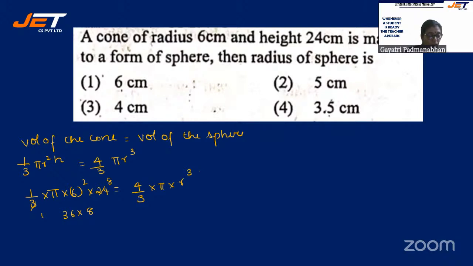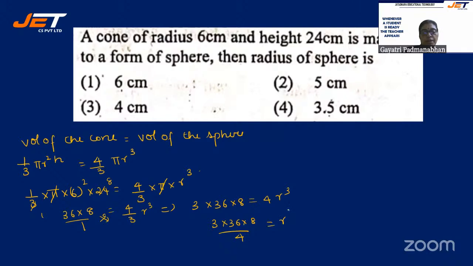Pi will get cancelled. So 6 sixes are 36 into 8 is equal to 4 by 3 r cube. Cross multiply, you will get 3 into 36 into 8 is equal to 4 r cube. So this 4 comes here: 3 into 36 into 8 by 4 is equal to r cube.